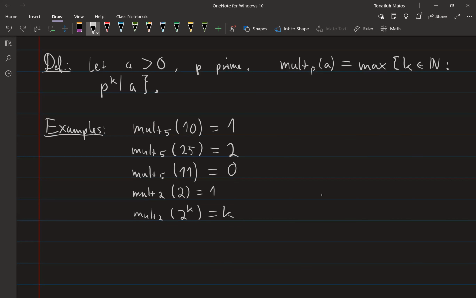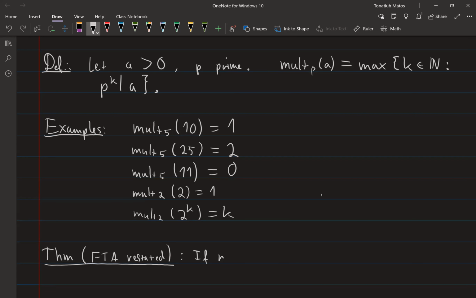So that's the multiplicity. And the theorem restated, let's say, fundamental theorem of arithmetic restated, says something a lot more transparent, right?